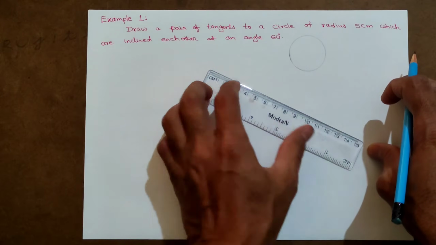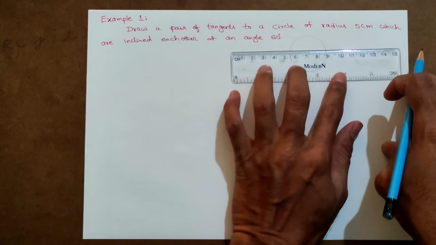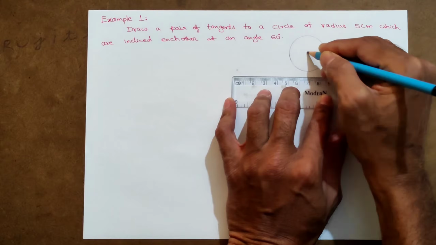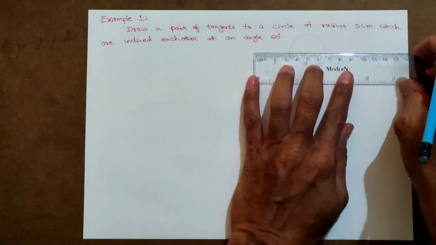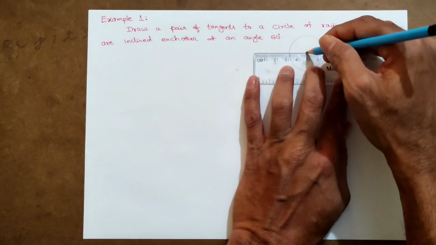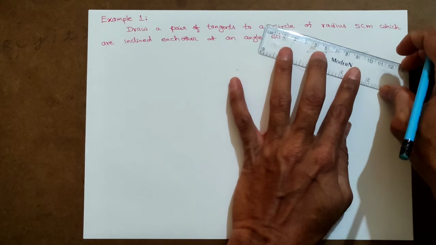For example, here this is a circle whose center is O. Then we need to draw tangents from an external point.